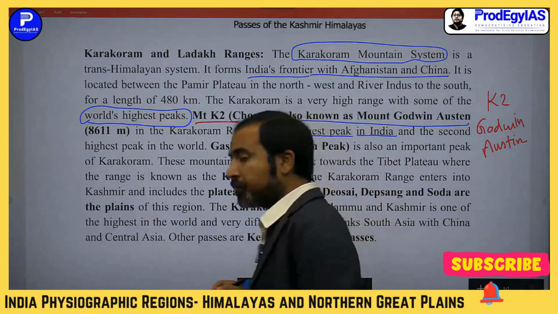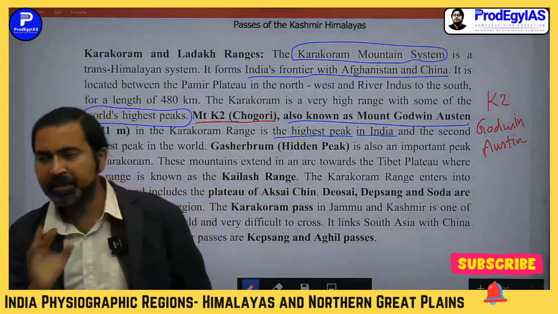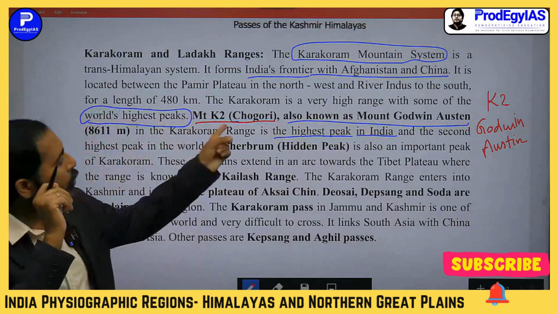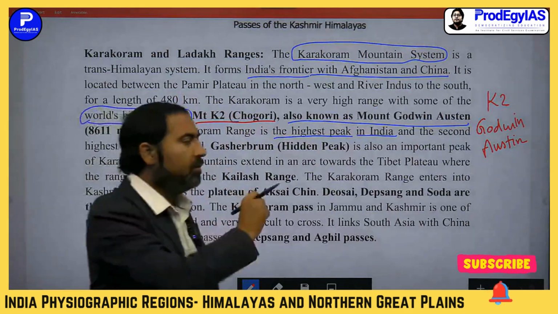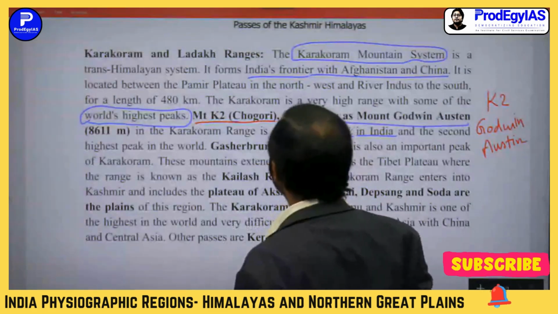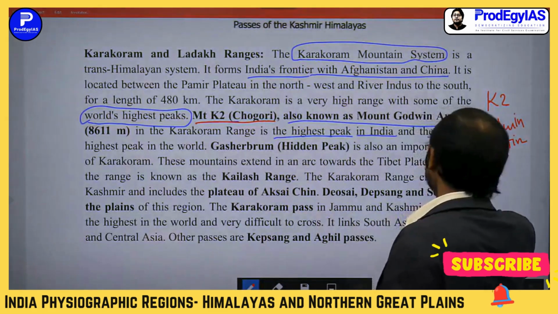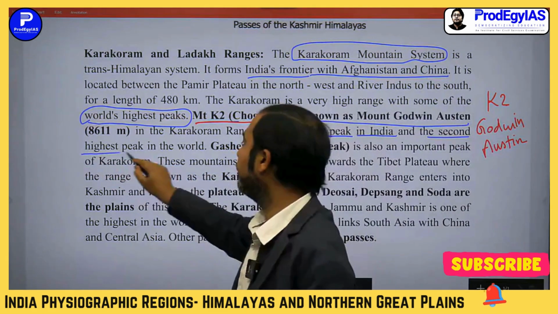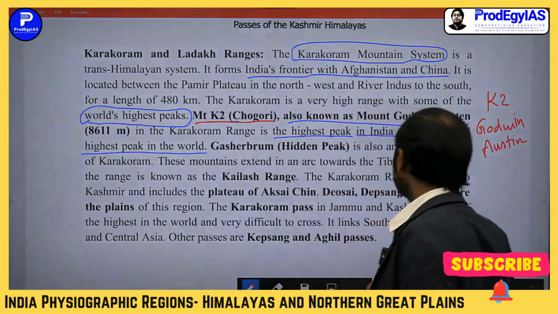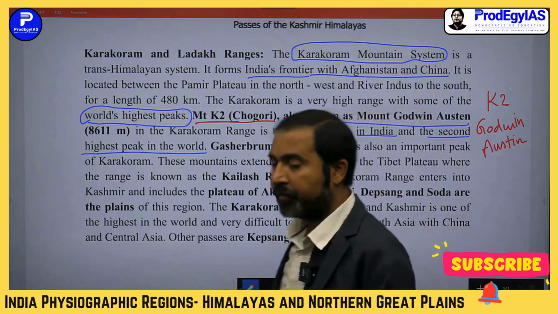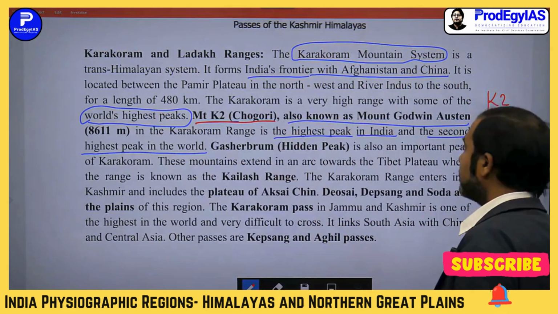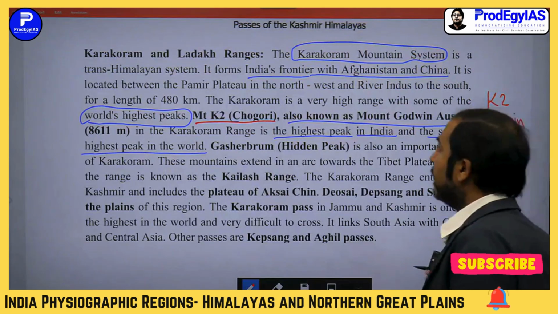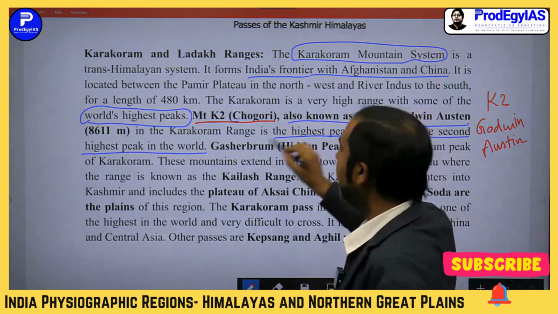You know that which is the highest peak of India. It is K2 or Mount Godwin Austen or Mount Chogori. It lies in Karakoram range. Okay, and it is also the second highest peak in the world, not only of India. Of India, it is the highest, and it is just second after the Mount Everest. Means Mount Everest is the highest peak of the world, and then Mount K2 or Godwin Austen is the second highest peak in the world.